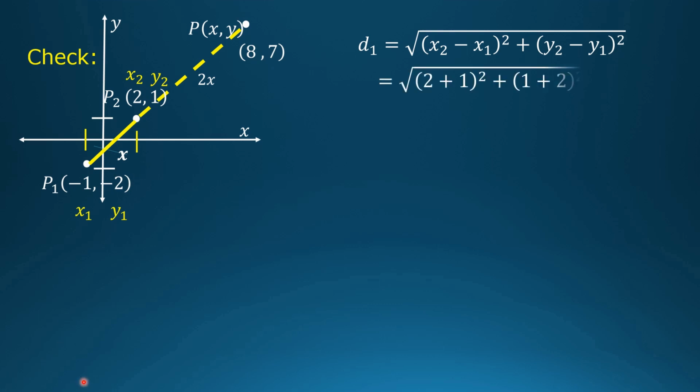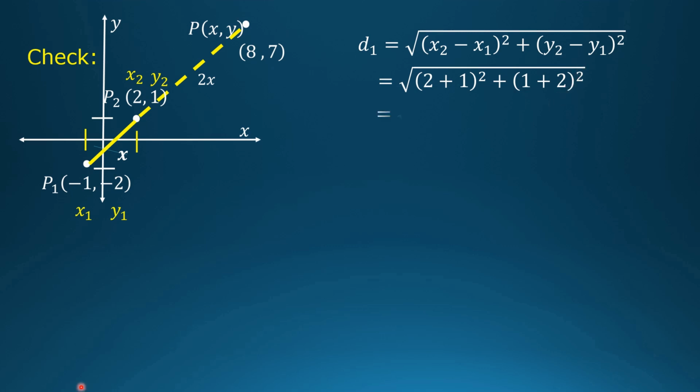So we have now the square root of the quantity 2 plus 1 squared plus the quantity 1 plus 2 squared. This became positive 1 because minus negative 1 becomes positive 1, and minus negative 2 is positive 2.